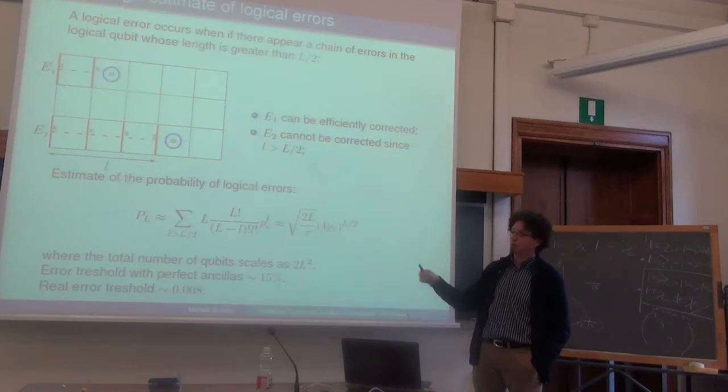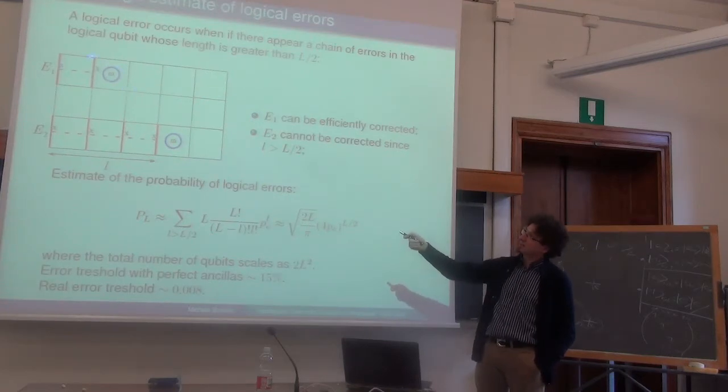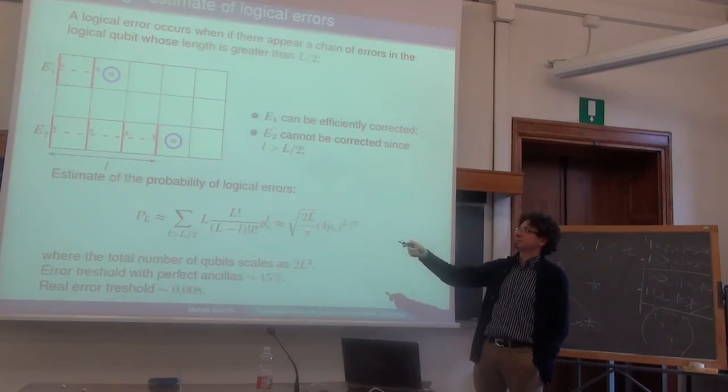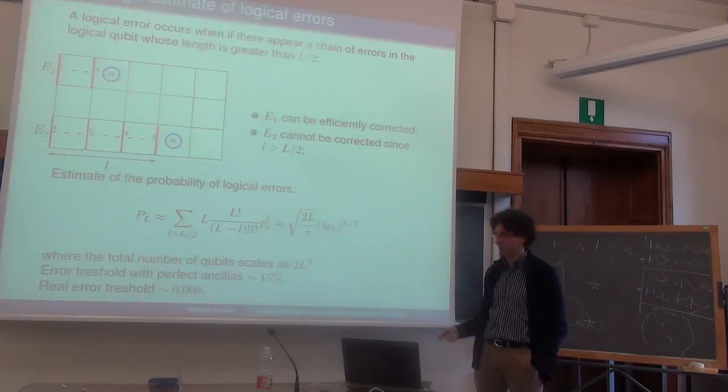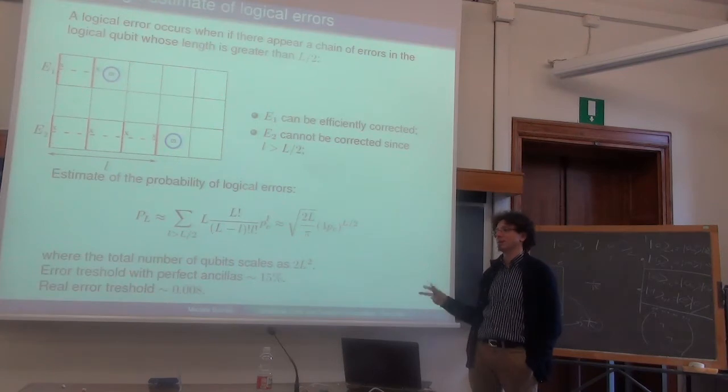Doing the measurements, I detect the presence of this vortex, and I say, well, this is pretty close to the boundary, so to correct these errors, I have to apply again this sigma x and sigma x and move this vortex back. So if the string operator applied by the noise is small enough, then I can detect the error and correct it in the proper way.